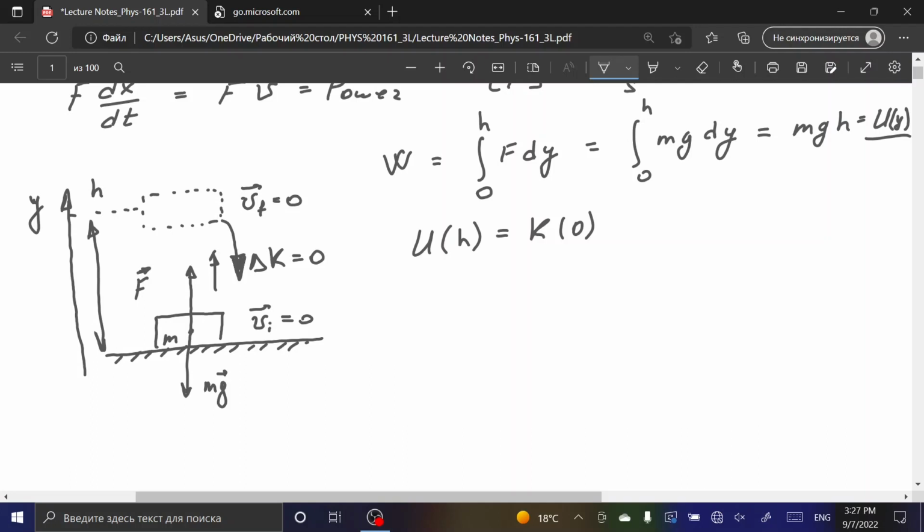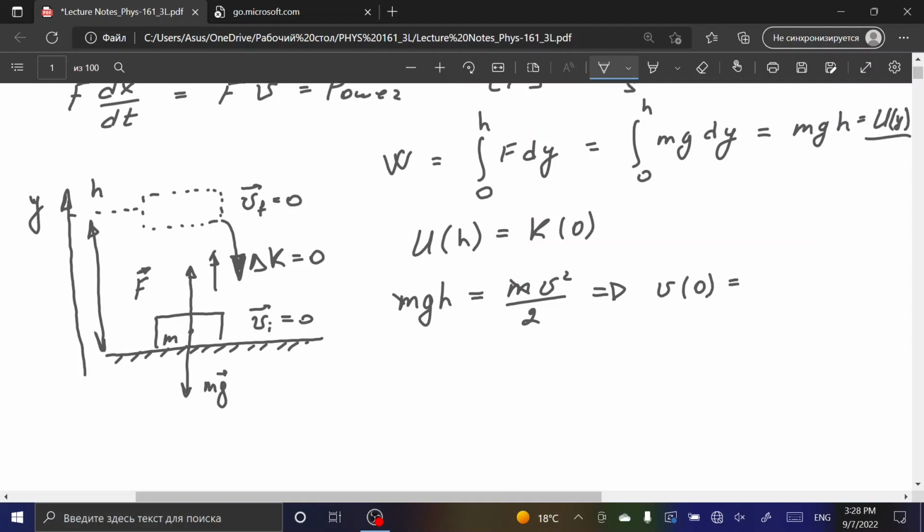So we can write that mg times h is equal to mv squared divided by 2. From here, we can cancel out this m and get the velocity of this block at the 0 level.